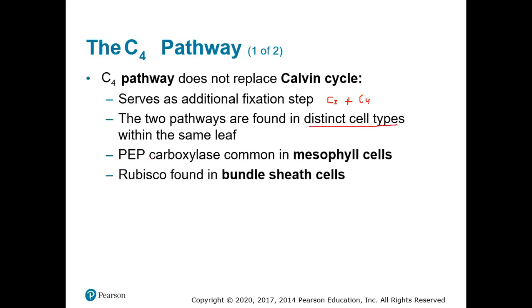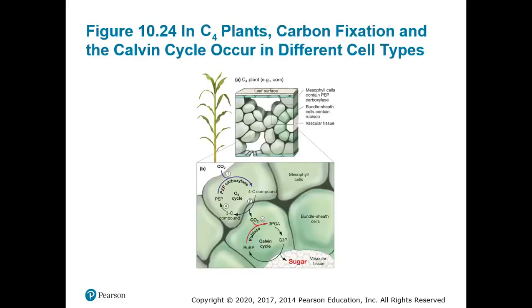PEP carboxylase, so our C4, is going to occur in something called mesophyll cells, and our C3 is going to occur in bundle sheath cells. Now, you don't have to memorize what type of cells, but know that they are happening in different geographic locations within our plant. So let's see what that looks like.